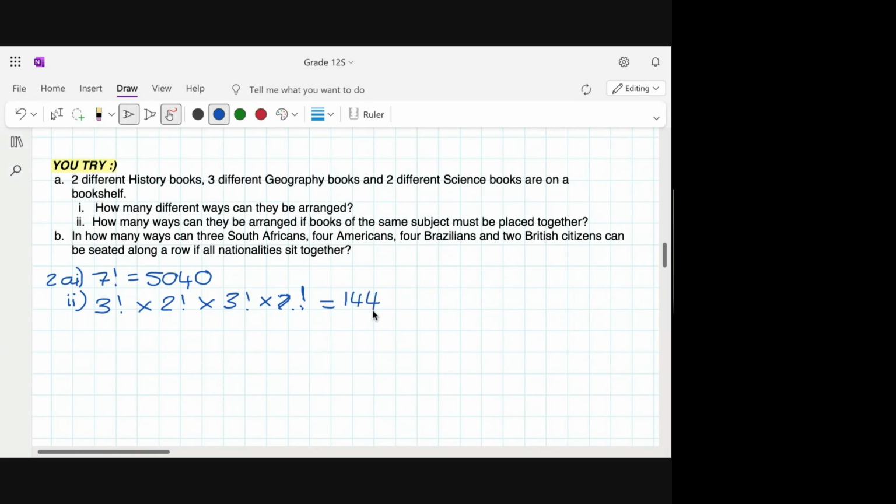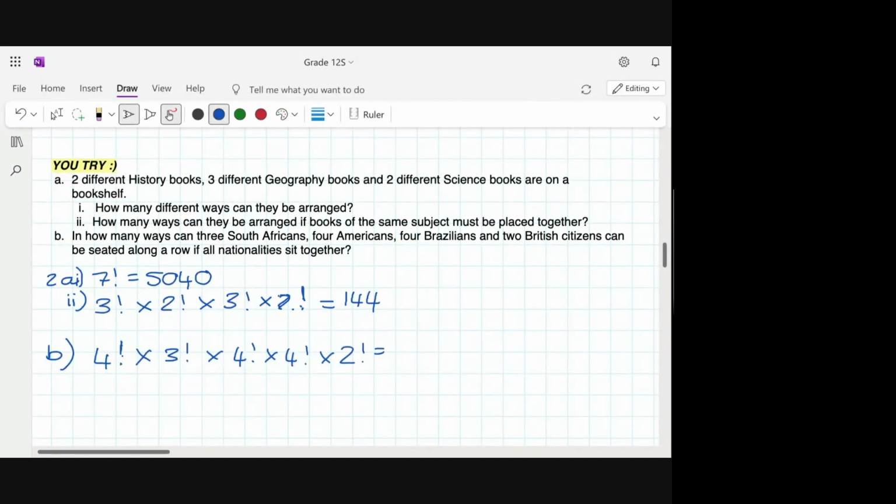So when I do my calculation there, I'm going to have 144. And finally, I have some people sitting on a bench, and I want to put them all together, sitting in their nationalities. So again, I need to count how many blocks I've got or groups I've got. I've got 1, 2, 3, 4. So 4 factorial times by 3 factorial times by 4 factorial times by 4 factorial times by 2 factorial.